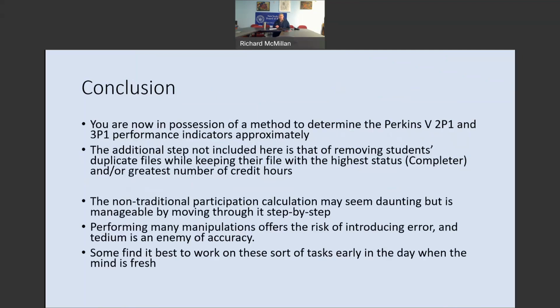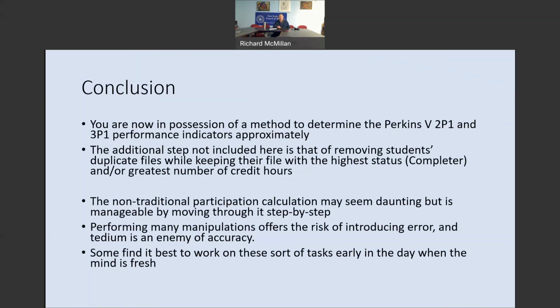Conclusion, you're now in possession of a method to determine the Perkins V, 2P1, and 3P1 performance indicators approximately. As indicated earlier, if you did not remove the duplicates, your final figures will vary slightly from the official calculation we will perform at a later time.